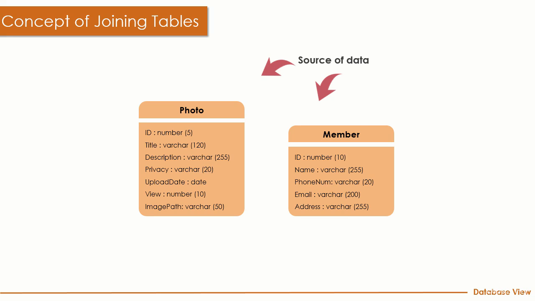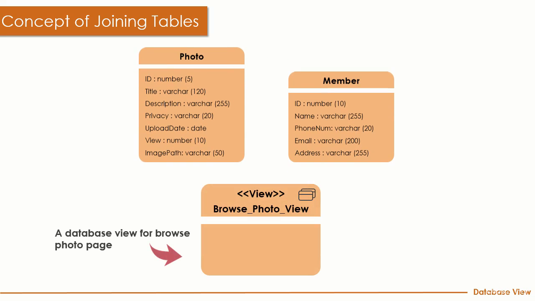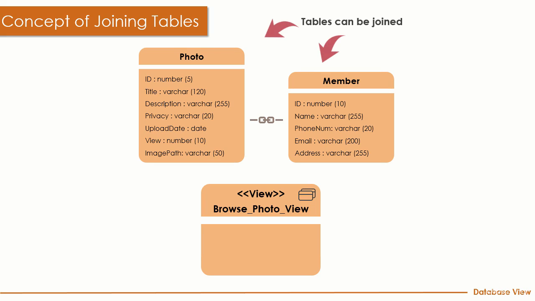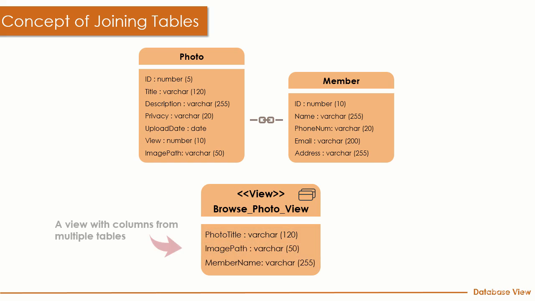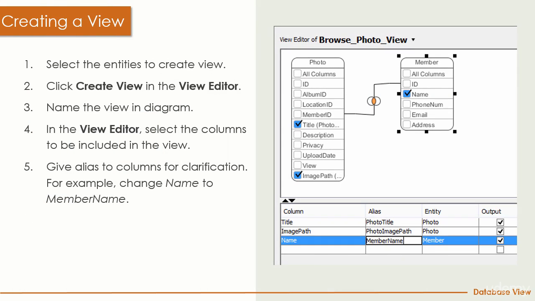The database view we need is a browse photo view. We need the title, image path, and the name of the member in my view. Let me show you how to create this view in Visual Paradigm.